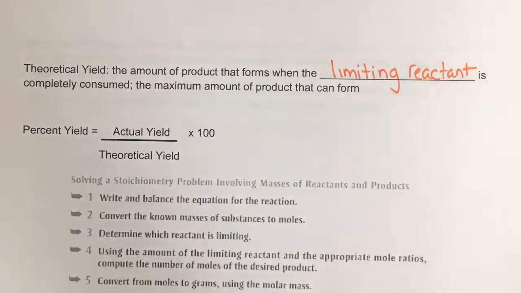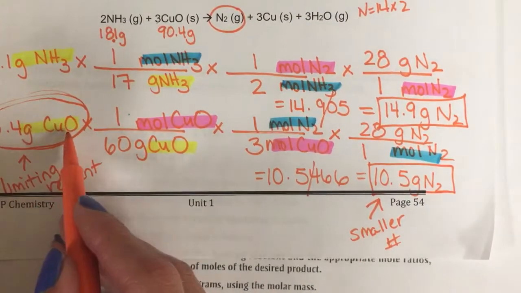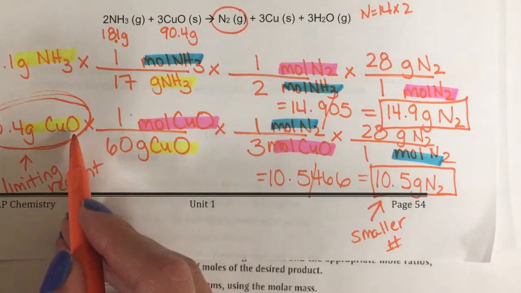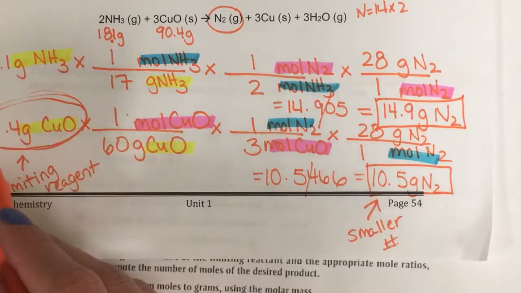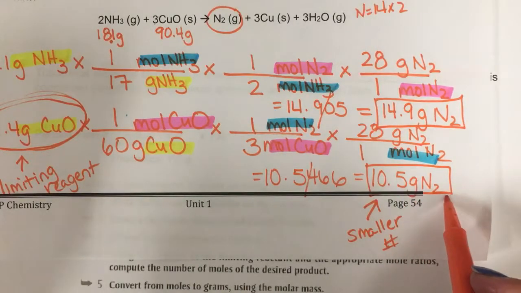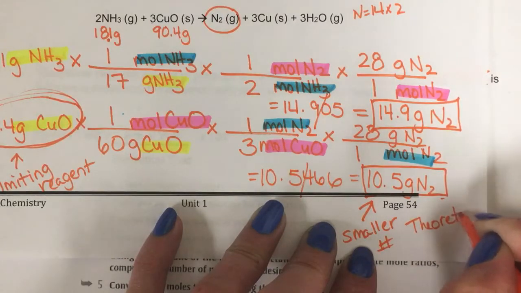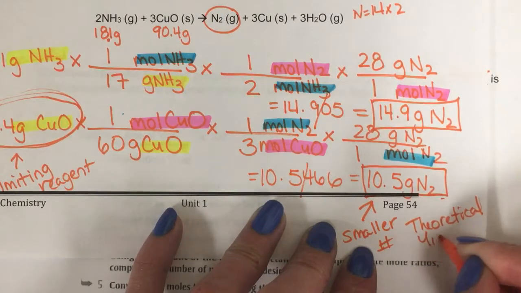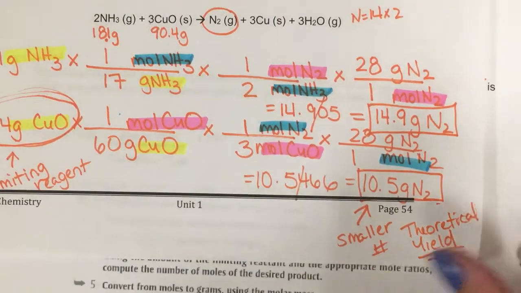Now this is if 100% of my reaction went to completion. So in this case, okay, my limiting reactant was CuO, copper 2 oxide. If 100%, all of it, went to completion, I would make 10.5 grams of nitrogen. This is my theoretical yield. It's how much I absolutely should make, okay?